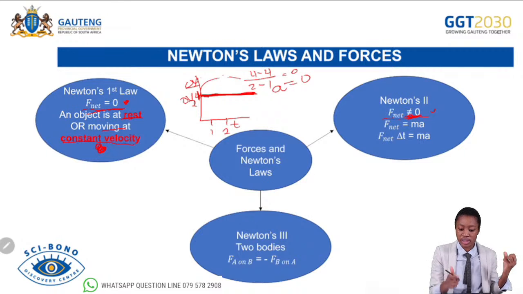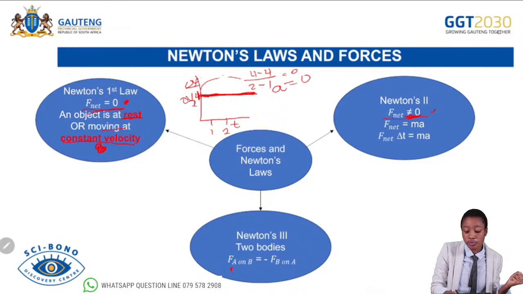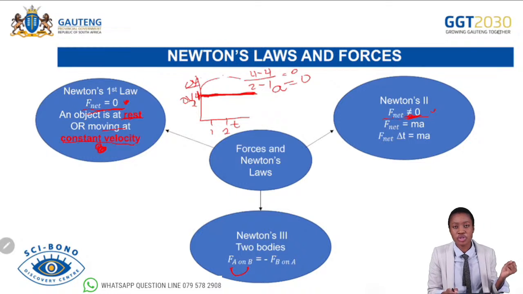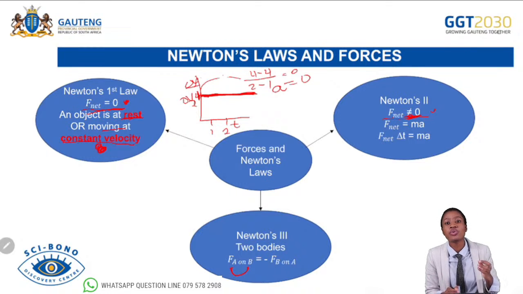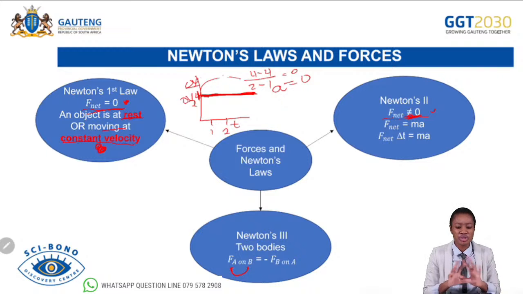So we have object A that exerts a force on B, and we have object B that exerts a force of equal magnitude, but in the opposite direction, on object A. So what you need to take from this is that when you are dealing with Newton's laws and you are confronted with a problem, please look for keywords. Keywords will help you know which law you are dealing with. For example, if the question has something to do with constant velocity, you know that you're dealing with the first law.